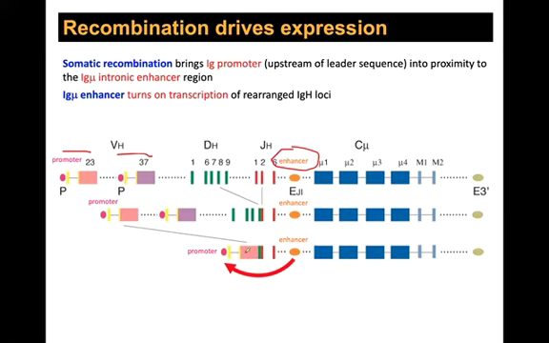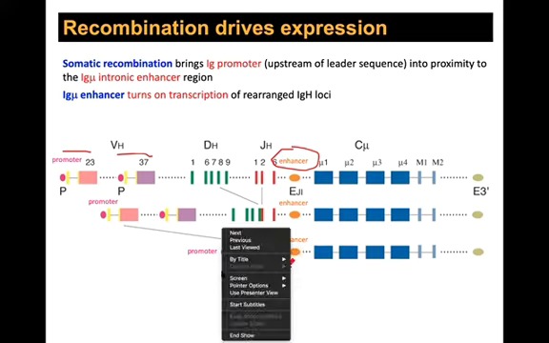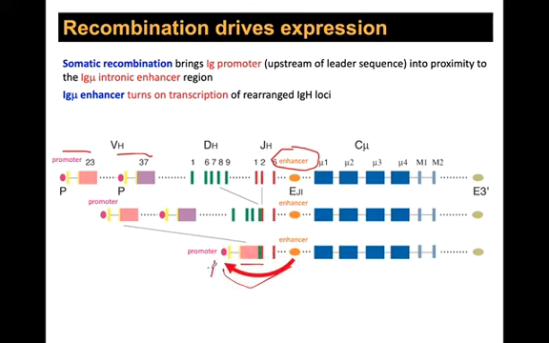If you have full joining of a V to D to J, that brings the promoter close enough to the enhancer. Well, this will then turn on. Okay, so now you're actually getting mRNA from this, whereas before the promoter was too far away and it wasn't working. So now once you've joined them, you get mRNA that's then translated into protein, and you have a chance to get something on the cell surface.